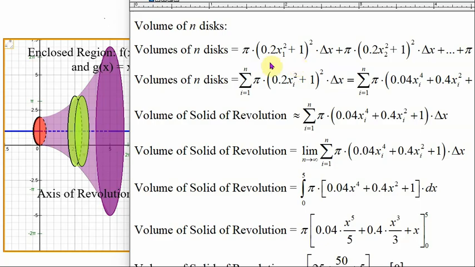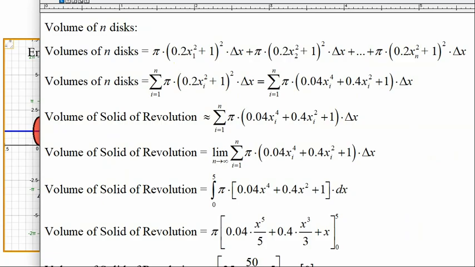And if we divide this solid of revolution into n slices, then the volumes of the n slices would look like this. This would be the volume of slice number 1, number 2, and the nth slice. Then using summation notation, we will get i running from 1 to n of pi times 0.2 x sub i squared plus 1, squared.